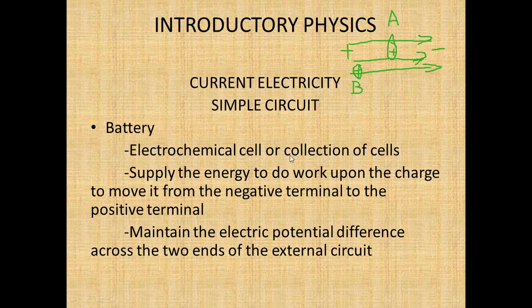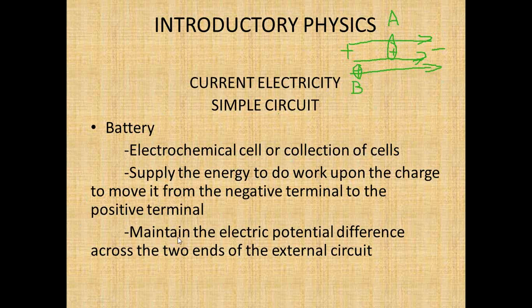So the battery is going to do that work. It supplies the energy to move it from position A to position B, because this is not naturally going to occur. You have to have something that's supplying energy to move it from A to B. That's what your battery does.